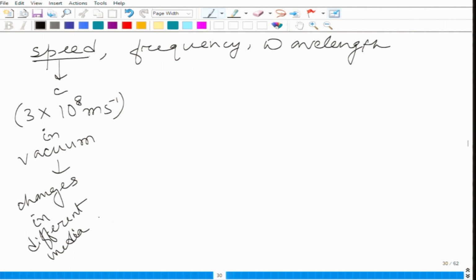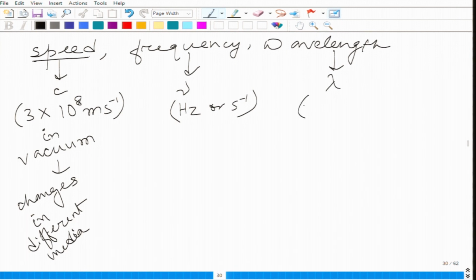And the frequency is denoted by nu, and the unit of frequency is hertz or second inverse, because frequency is the reciprocal of time. And wavelength is denoted by lambda.